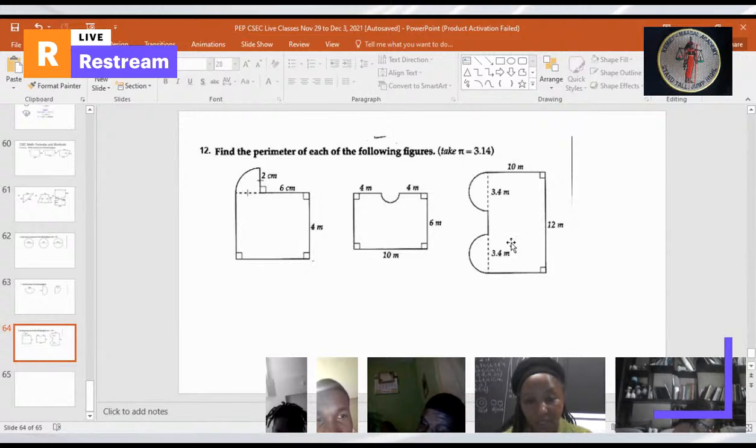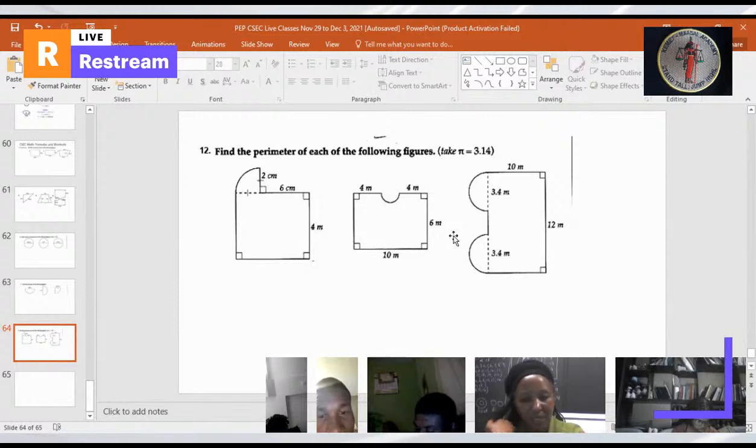Miss, I did this for the third one. How did you get that? Miss, I did pi times the diameter, and then I divided it by 2, and then added it to 12 plus 10 plus 10.